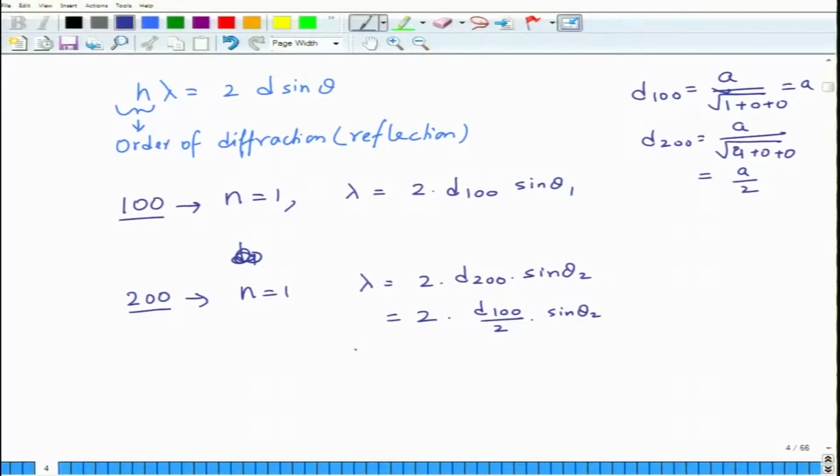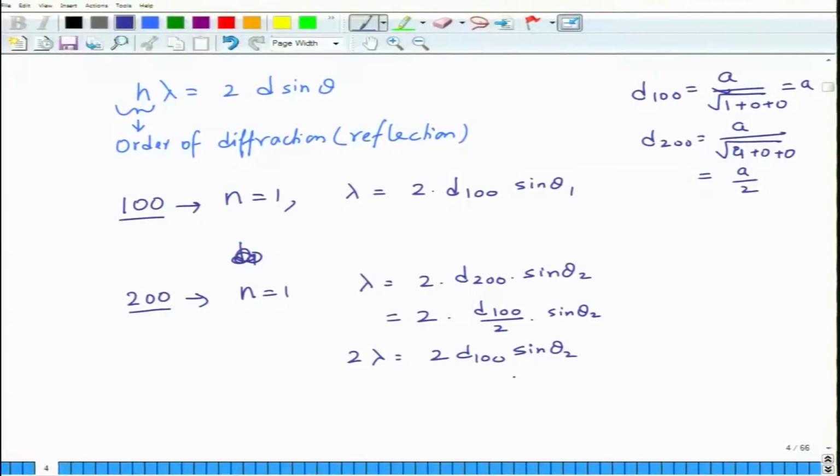So, this becomes 2 lambda is equal to 2 d 1 0 0 sin theta 2. So, basically it means a 2 0 0 peak, the diffraction peak from 2 0 0 plane, is nothing but second order 1 0 0 reflection or diffraction peak.